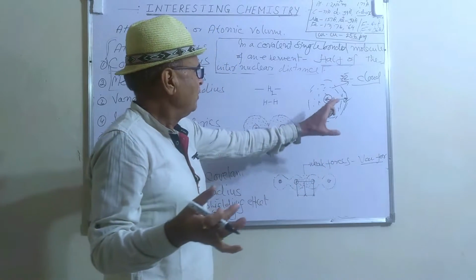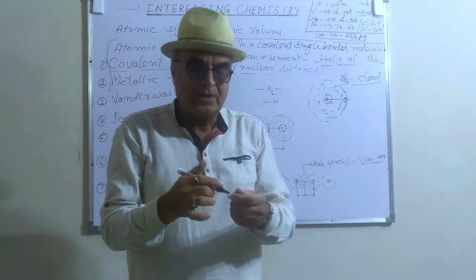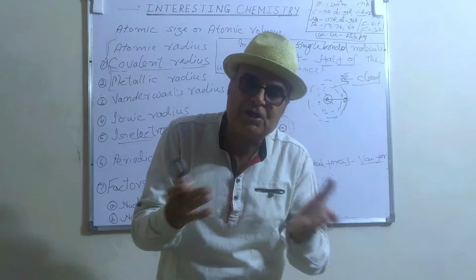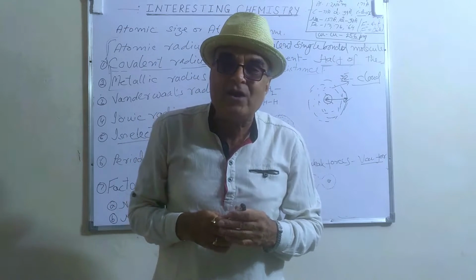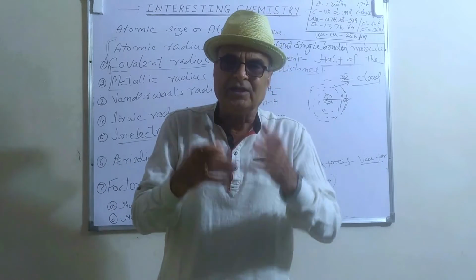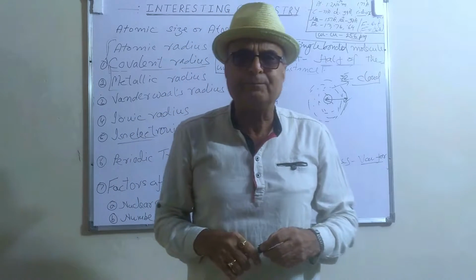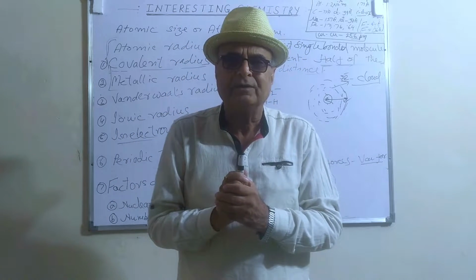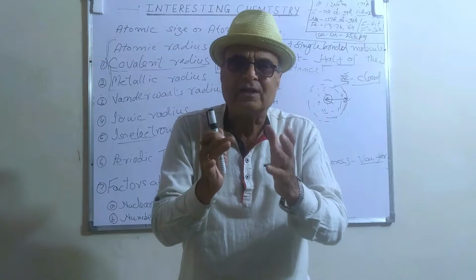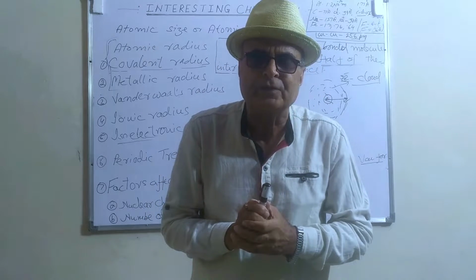Due to these difficulties and complications, we cannot directly find the size of the atomic radius. But our scientists found a practical approach to measure the size of the atomic radius.